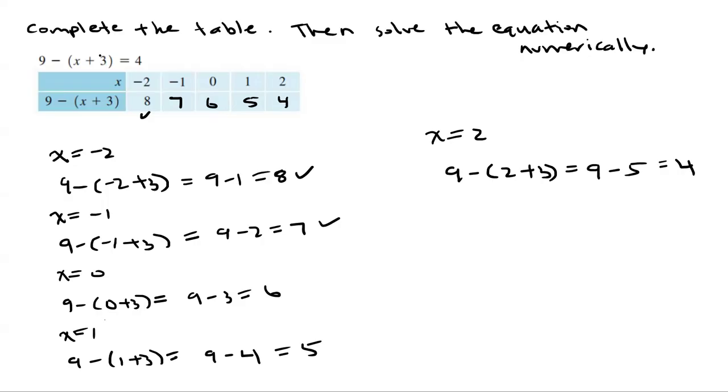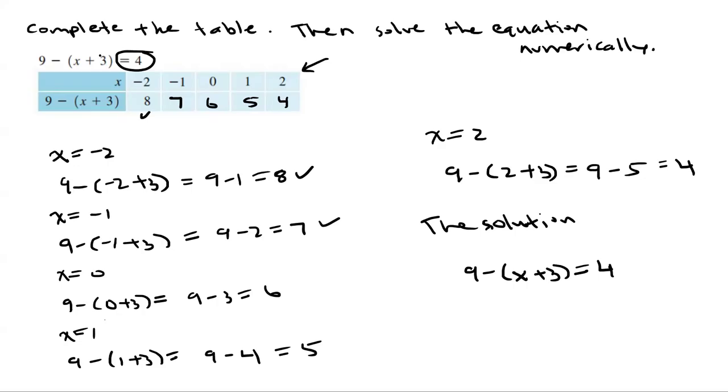All right, and then the next part is then solve the equation numerically. Well, we find out, right, because it tells us they want the output to be 4. So in order for the output to be 4, x has to equal 2. So the solution to 9 minus x plus 3 equals 4 is when x is equal to 2.